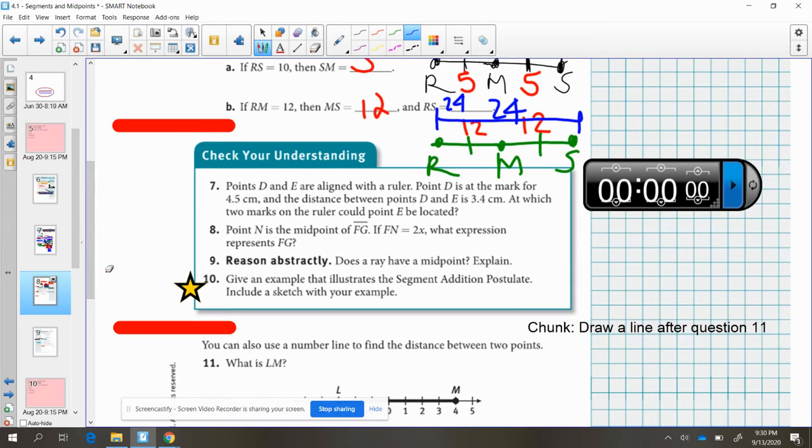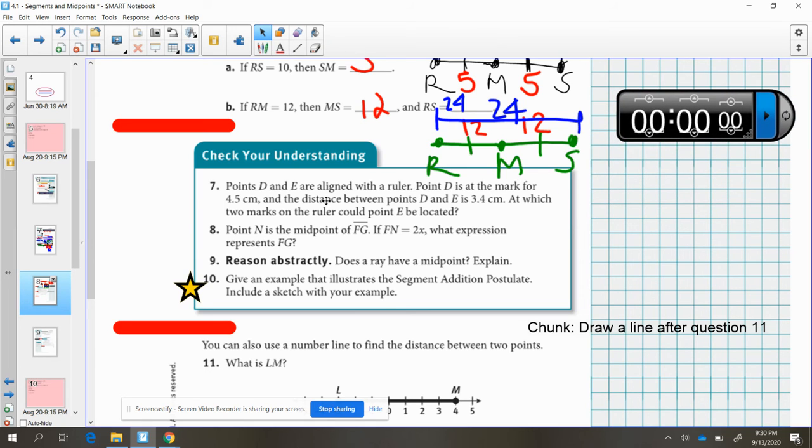I'm not going to do all these, but a couple other things I want to talk about here is the idea of a point being on a number line. Notice if we have a line drawn here, D and E are aligned on the ruler, and point D is at 4.5 centimeters, and the distance between D and E is 3.4.